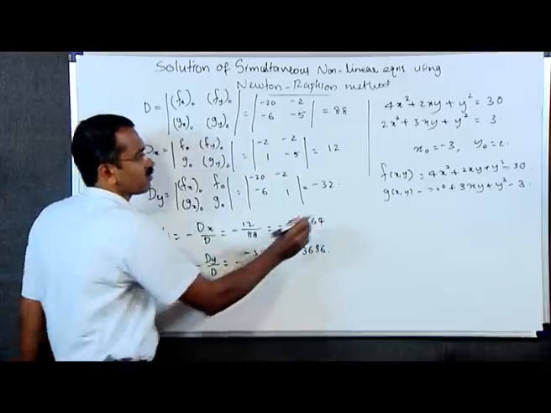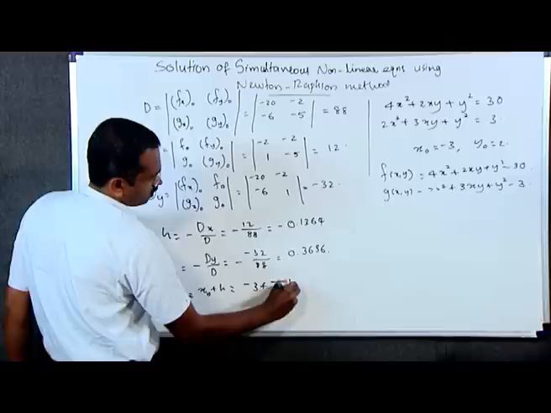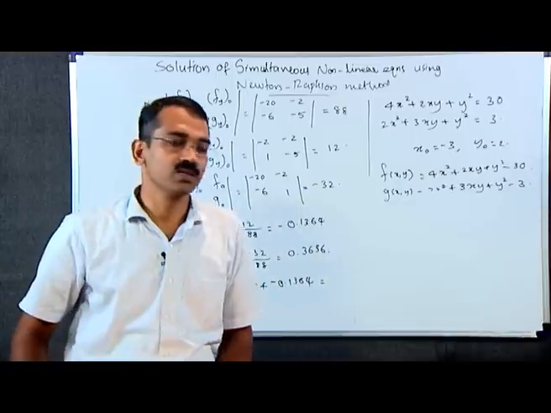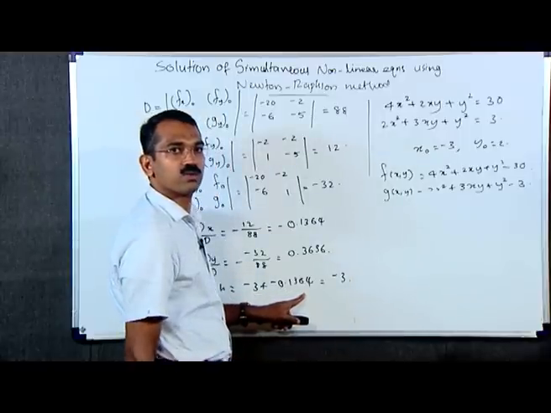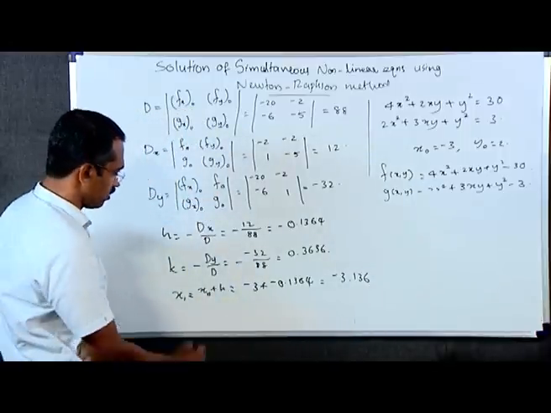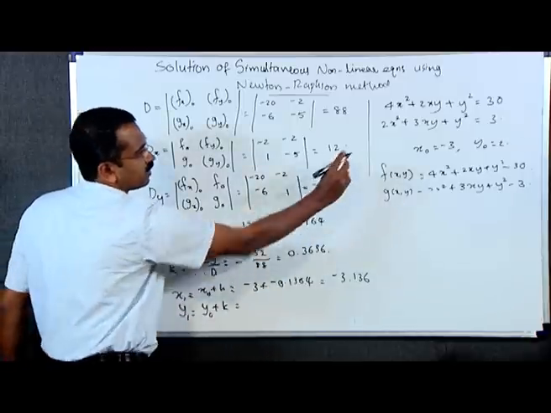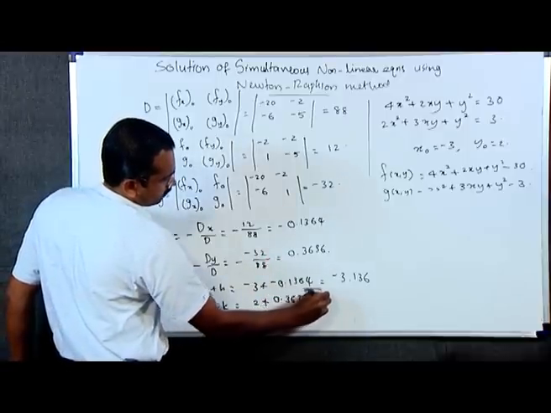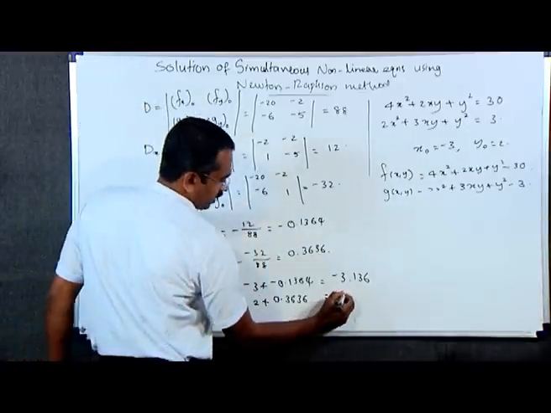That is, x0 is minus 3, plus h is minus 0.1364, which is equal to minus 3.1364, that is minus 3.136 approximately, and y1 is equal to y0 plus k, that is y0 is 2 plus k is 0.3636, which is equal to 2.364 approximately.